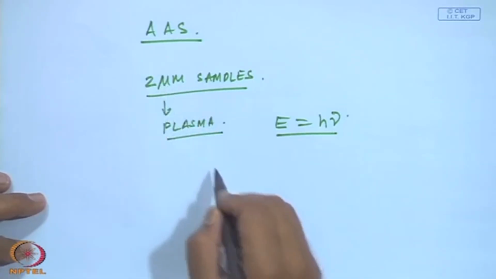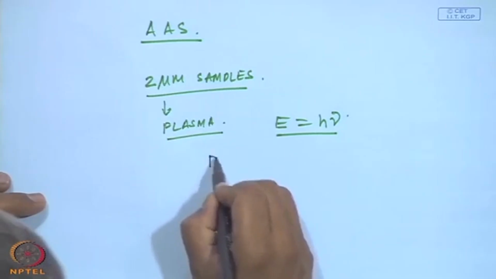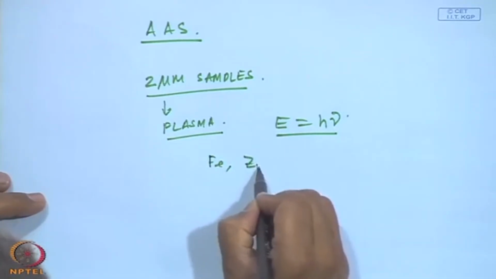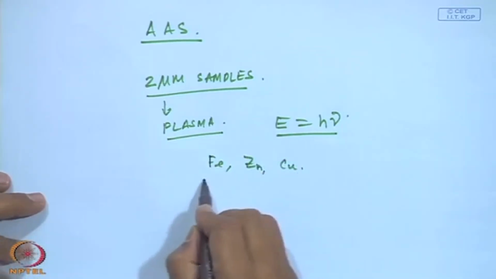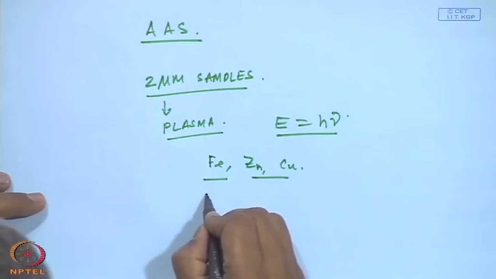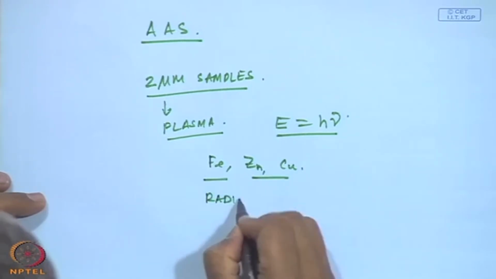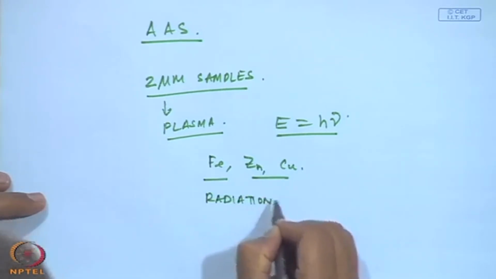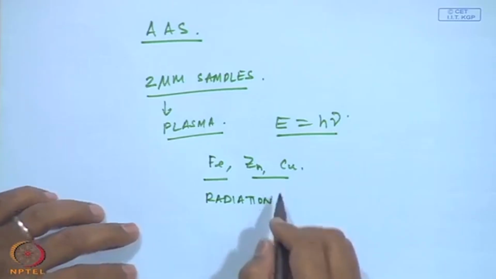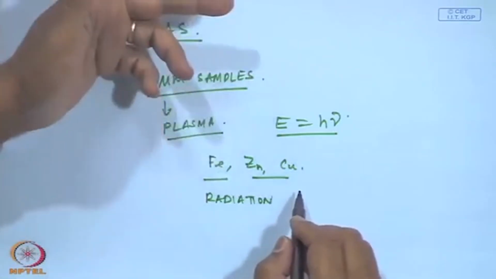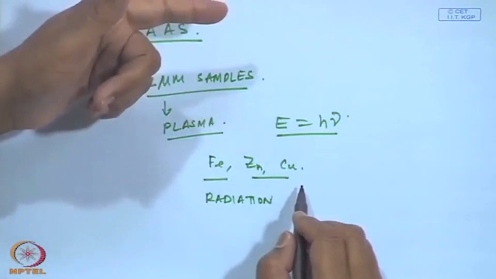the air particles. For example, suppose it has iron, zinc, copper, etc. The electrons in an iron atom, if they go to an excited state, radiate at a particular frequency.